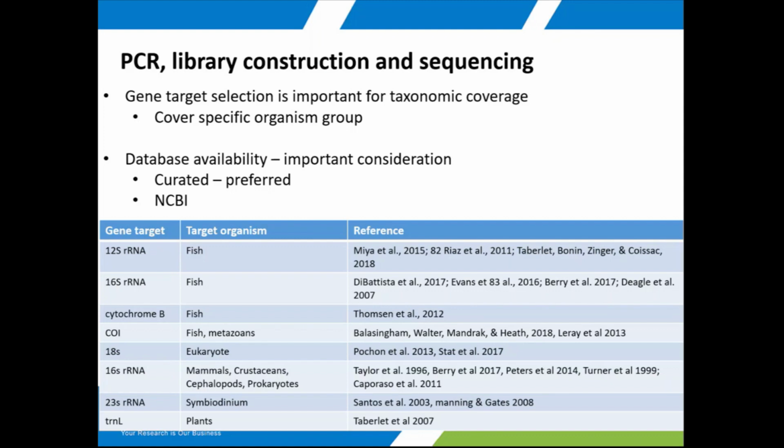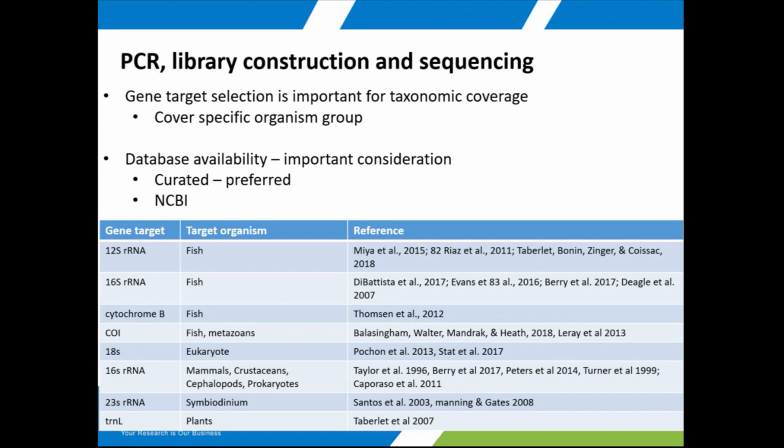For example, with 12S you can use it to capture fish, right? And then you have cytochrome B, COI, 18S. All these are very specific target groups, right? So it's very important to know your intended group, what you intend to capture.